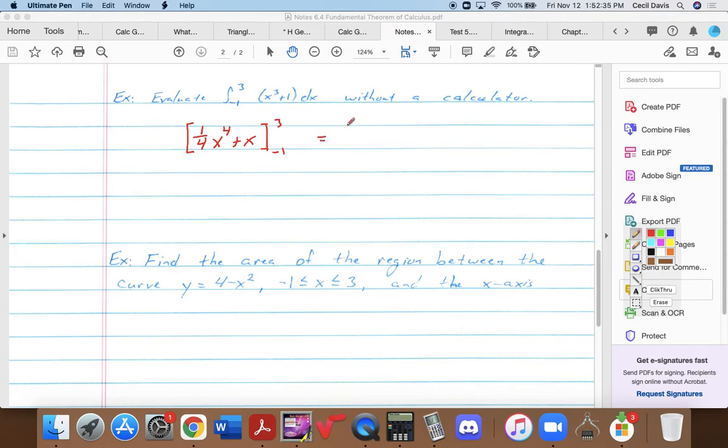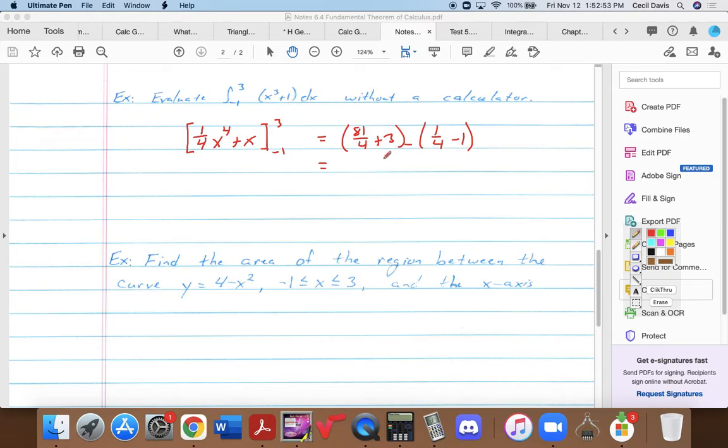So evaluating that at 3, that's 81/4 plus 3, minus 1/4 minus 1. Does it work out nicely?